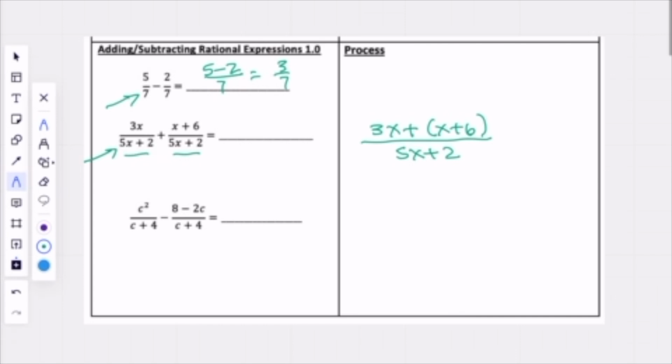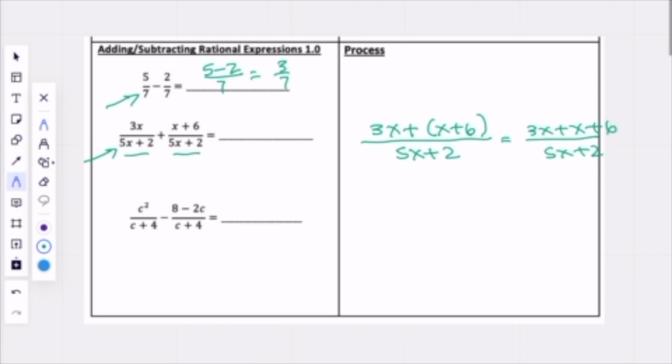In this case it's not going to matter so much, but if you are subtracting, you want to make sure that you distribute the negative sign. So here we would just say 3x plus x plus 6 all over 5x plus 2. Let's go ahead and combine some like terms.